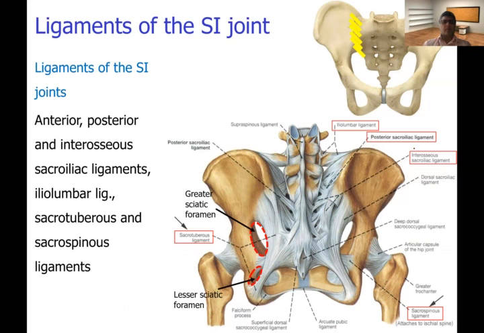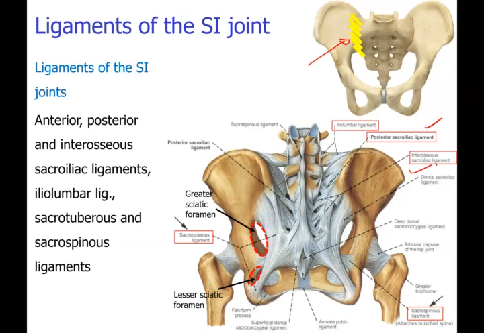There are several ligaments stabilizing the sacroiliac joints. You get the anterior sacroiliac ligaments, and posterior sacroiliac ligaments. Then you get interosseous sacroiliac ligaments. There are three types of sacroiliac ligaments. These ligaments contribute to the stabilization of the sacroiliac joints.